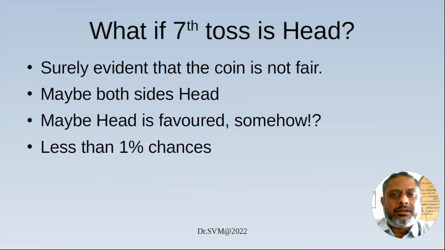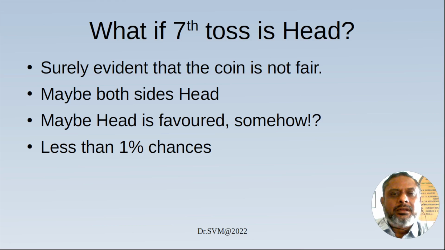So the null hypothesis was the coin is fair. After 7 tosses, if in all 7 tosses we keep getting head and head and head again and again, then yes, we have strong evidence, since the probability of getting 7 heads consecutively is just less than 1%.